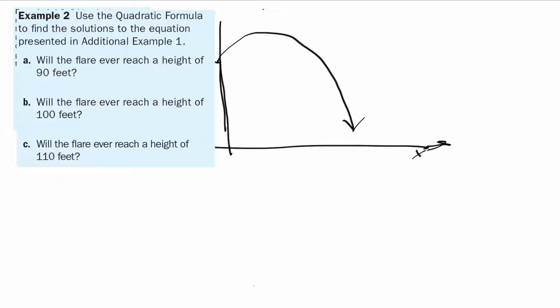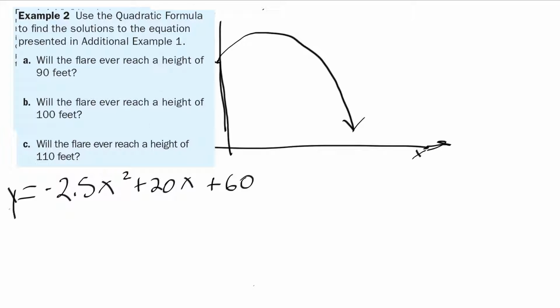And the expression we used was a negative 2.5x squared plus 20x plus 60, and that equals our y value, our height.